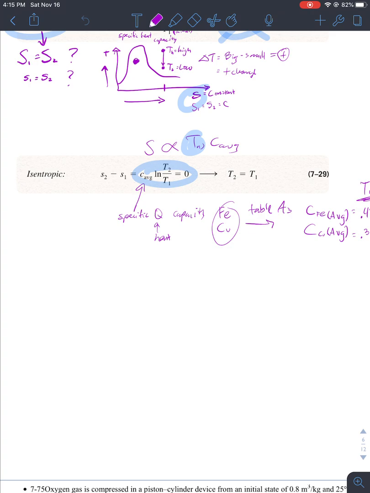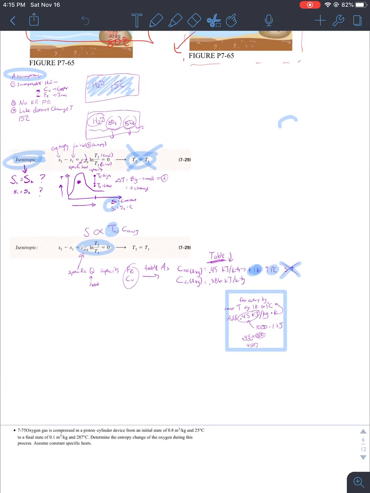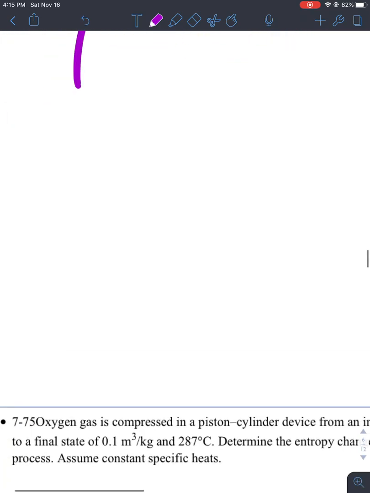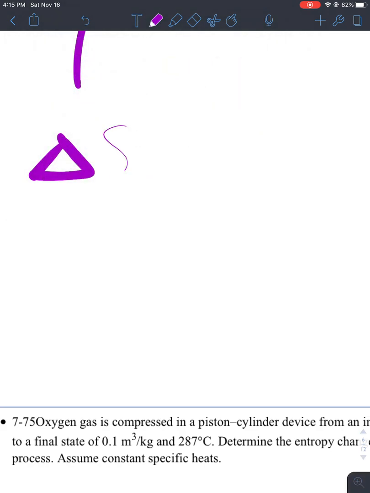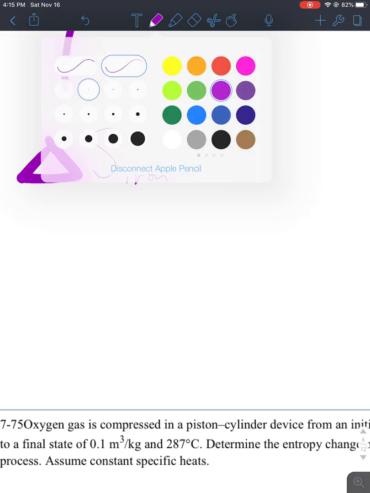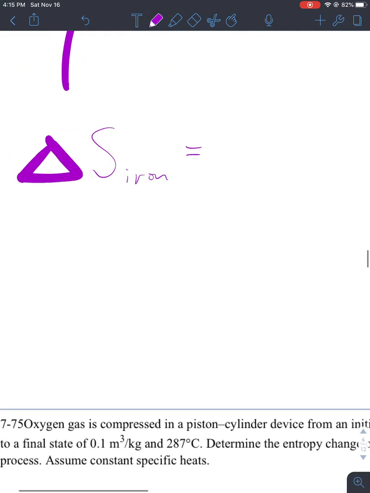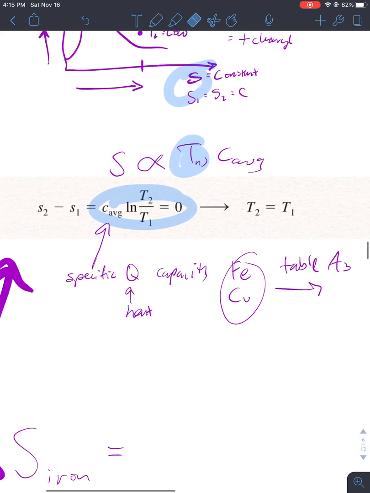All right, what's the next step? Next step is use this equation. So the change in entropy of iron is, use the equation. Where's the equation?